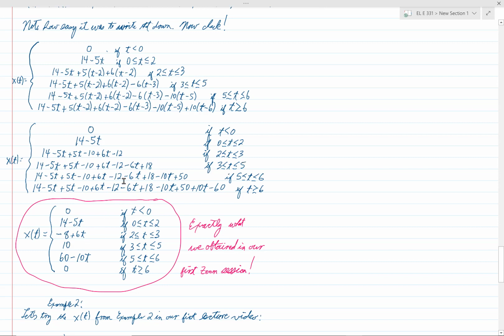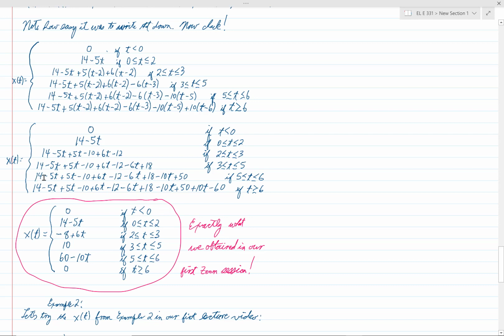10. And then notice that this is identical to this. So this is 10 minus 10t plus 50, so that's 60 minus 10t. So we have this in the region for t between 5 and 6.